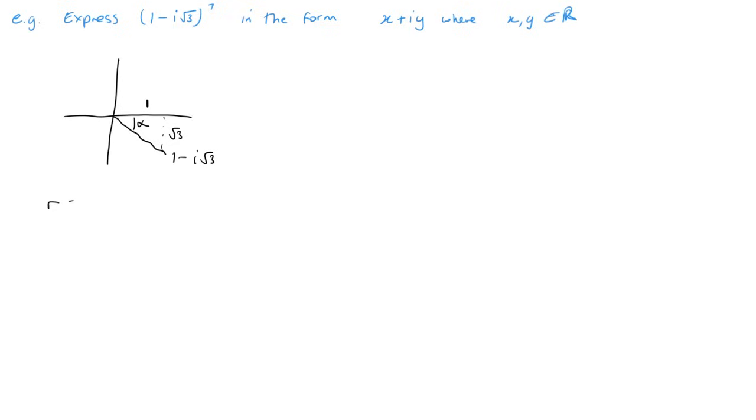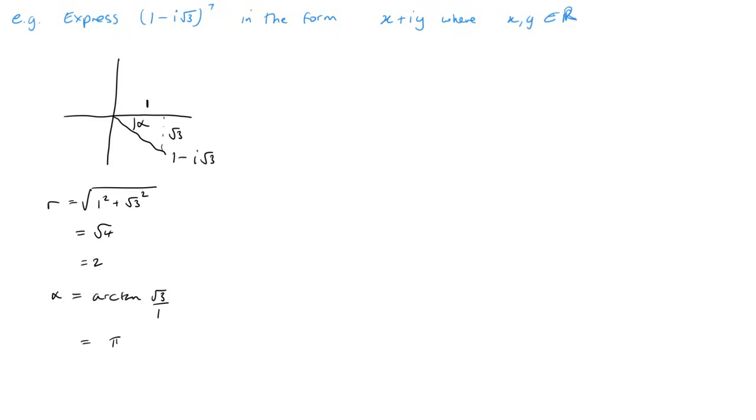So if I work out my r first, this is going to be the square root of 1 squared plus root 3 squared, which is going to be the square root of 4, which is just going to be 2. Now looking at my alpha, this is going to be arctan opposite over adjacent.